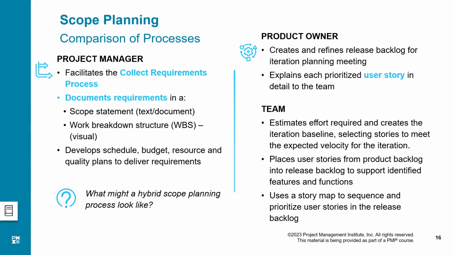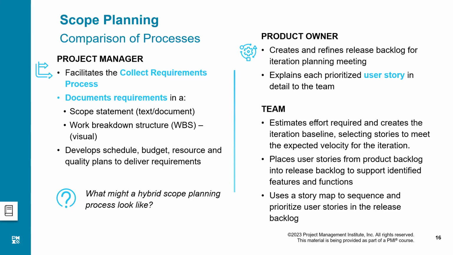Unlike a predictive project where the project manager carries all the authority, this team lead is not having any authority over the team. He could just help them, facilitate them, but cannot order them around.